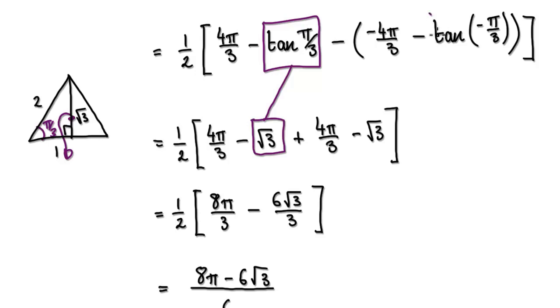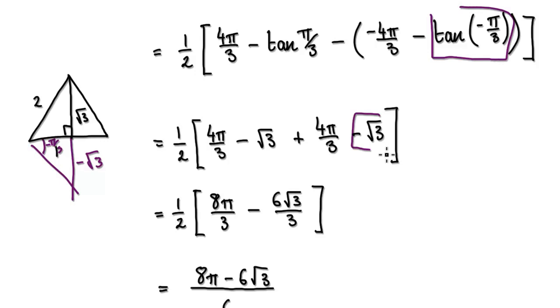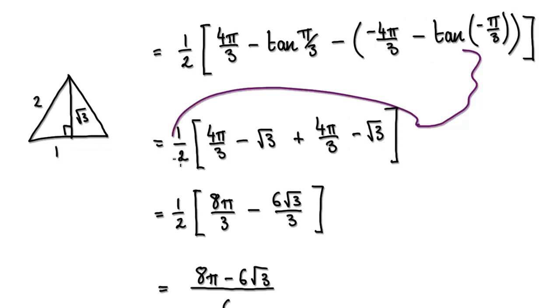And this thing here, using the same argument, if you look at this triangle, this is negative pi over 3, so this block here will become negative root 3. Don't forget you've got a negative here, and then you've got a negative here. Think about it. It should take you to this whole thing here.